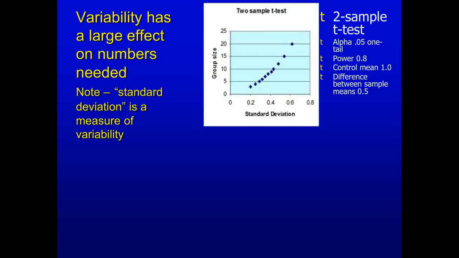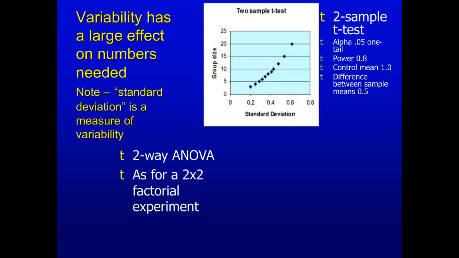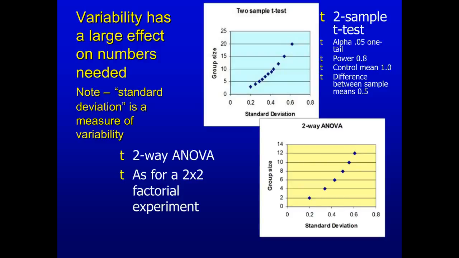As you get a smaller standard deviation or variability, the needed group size goes down. But if you look carefully at the group size for 0.6 on that graph, you see that there's around 20 animals per group needed. If you drop that to 0.3, it's only 5. So there is a squared effect between the variability and the number of animals you need to do a two-sample comparison. And a similar effect is seen in a more complex design, whereby you have a 2x2 factorial experiment.